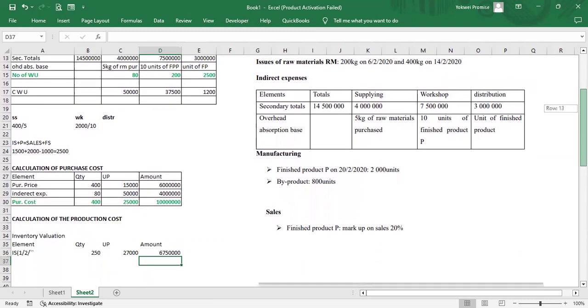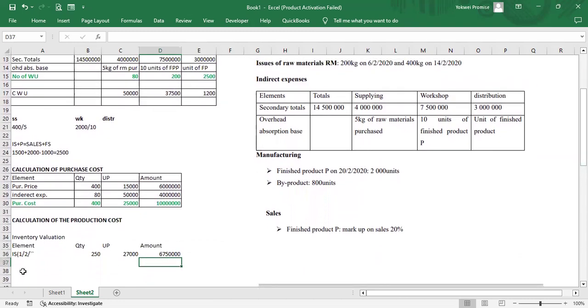Consumption on the 6th. Are we together? So our consumption on the 6th of February, they consume how many units? 200 units, at 27,000.